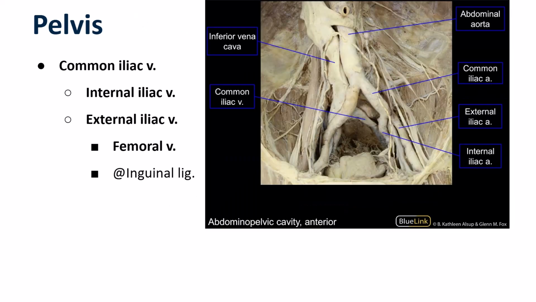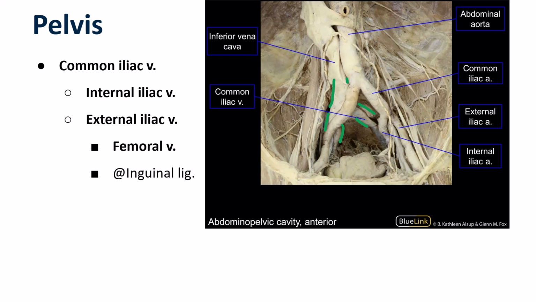Now, the start of the inferior vena cava is much like the terminus of the abdominal aorta. So recall, the abdominal aorta divides into the common iliac arteries. Well, what we have here is the inferior vena cava as the union of the common iliac veins. And those common iliac veins have the same general pattern of tributaries that the common iliac artery has in terms of its branches.